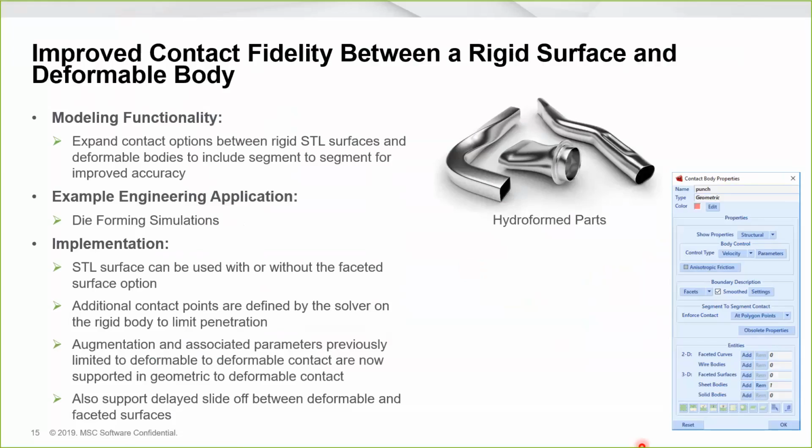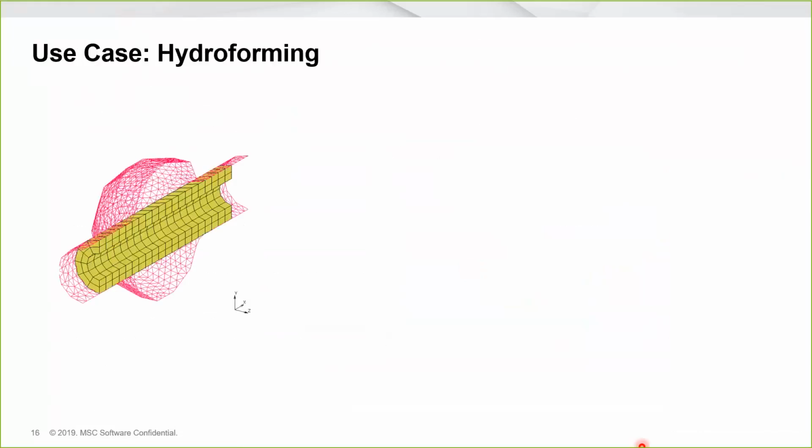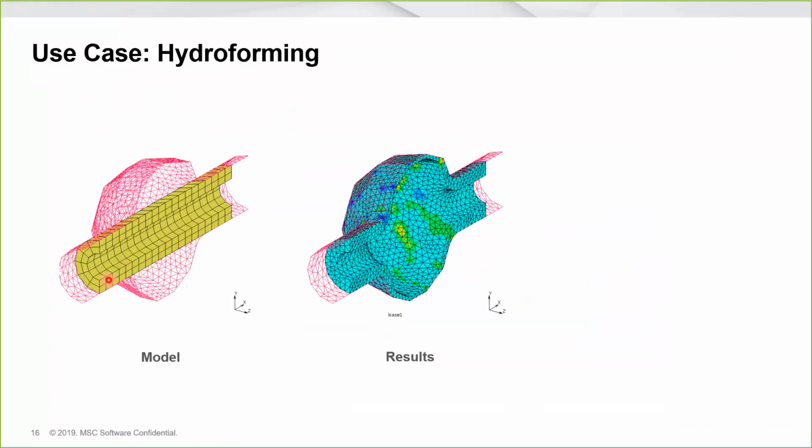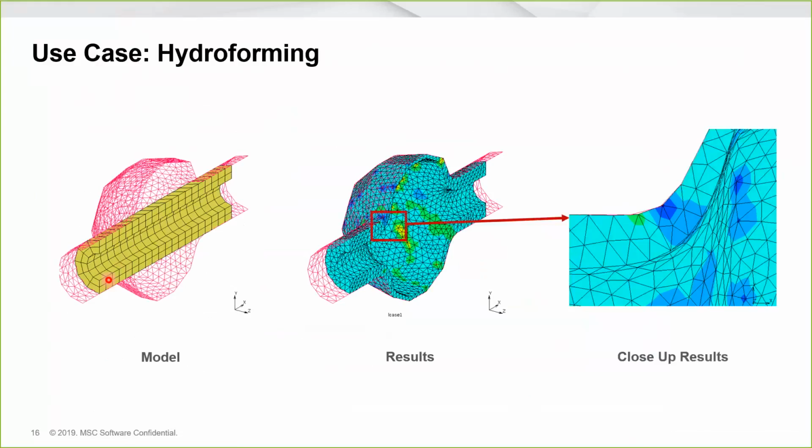So let's go through an example of this. Here is a simple case example where we have hydroforming. You can see here the red surface is the rigid body and the tube is the deformable body. If I expand the results into a close-up, you can see that we really did get a lot of fidelity in that contact, and we did not have any penetration here.